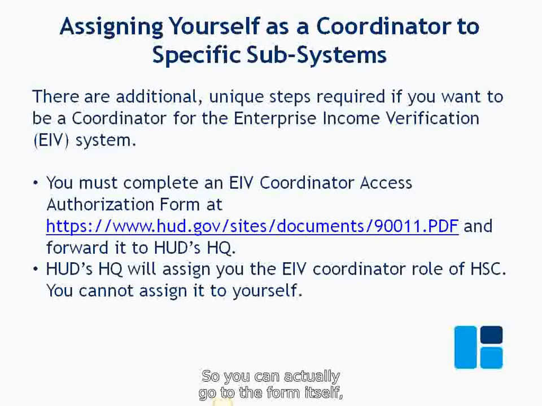It gives you the instructions on when to submit it, and you email it to multifamily. They will email you back the signature page that shows they've approved your CAF. They won't give you the whole form back, but they will email back the page of the form that requires the multifamily signature on it.